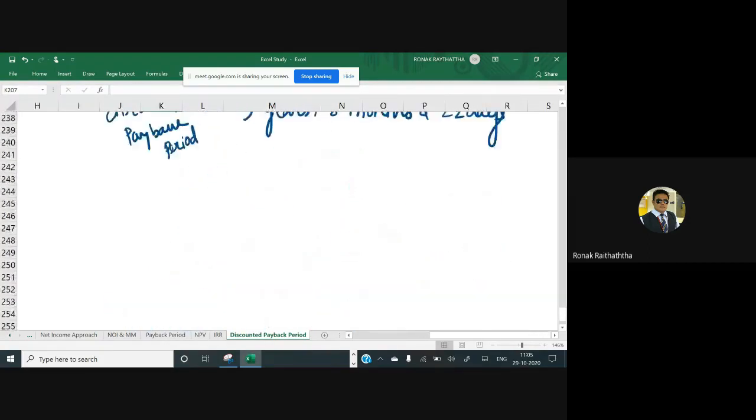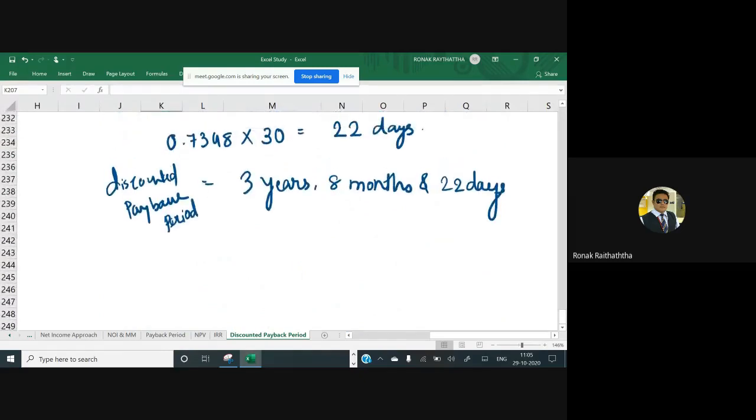So that's why it is problematic, because if you are a little bit sound about money matters, if you know how money works, you must be aware that everything needs to be made comparable first. The year 5's cash inflow cannot be compared with year 1's cash inflow because both are different. There is a time value of money. Money is losing its value over a period of time.